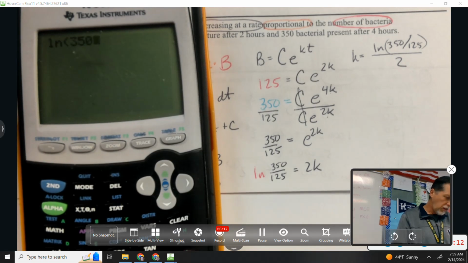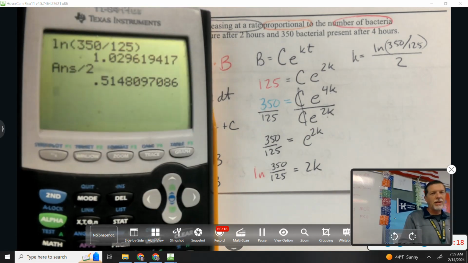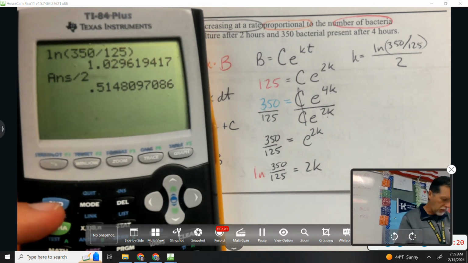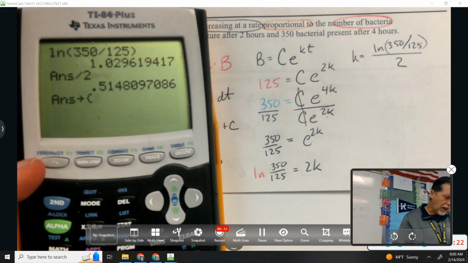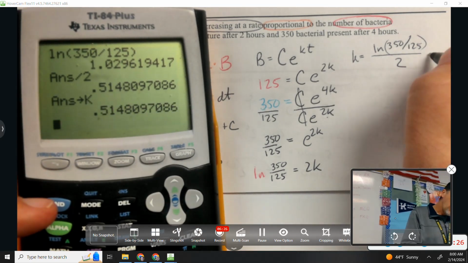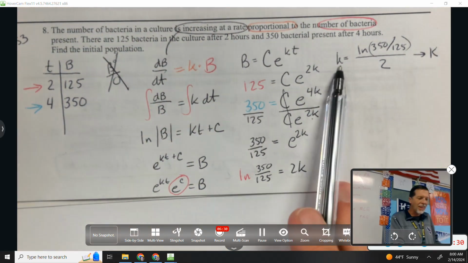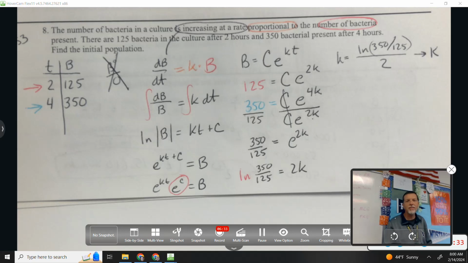Natural log of 350 divided by 125, all divided by 2. I could write that down, but why even bother, because I'm just going to store it as k. I don't really need to say that I'm storing it as k, because I've said k equals, so that means it's in there for k.